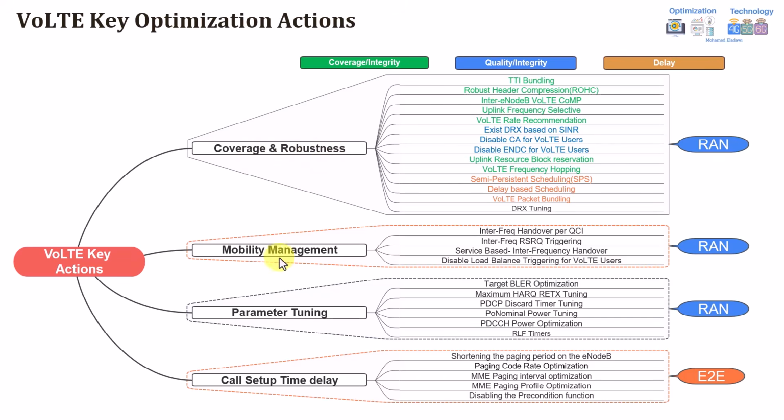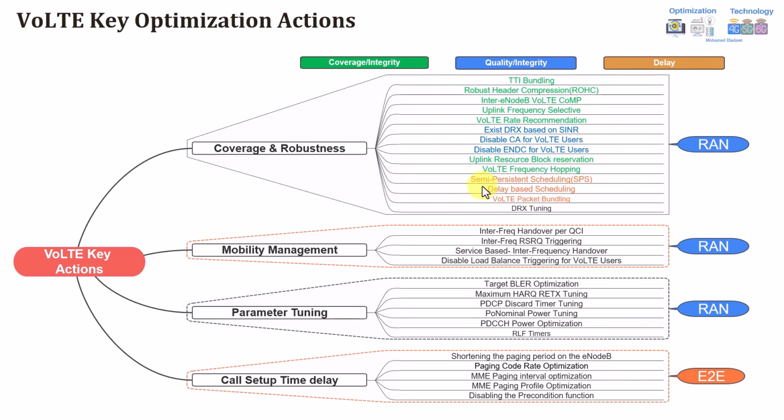Then you have mobility management, where you can improve the network performance, for example, through improving the layering strategy, and you have different features. Then we have some specific parameter tunings, as for example tuning the maximum HARQ retransmission. Then you have some actions more related to the end-to-end view, which can improve the VoLTE call setup time delay.